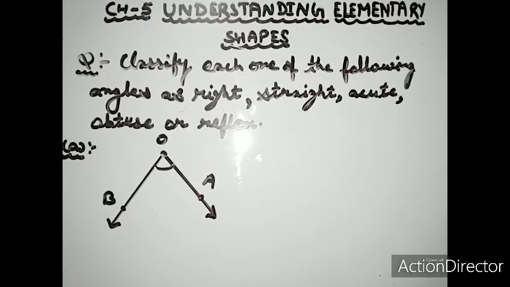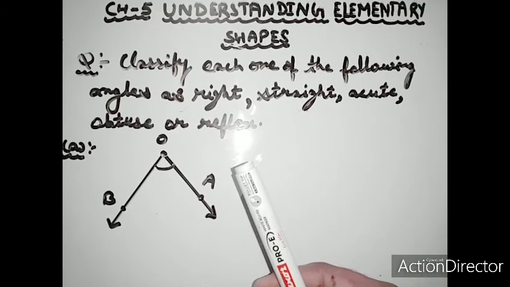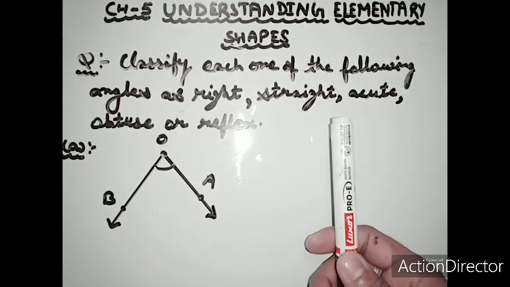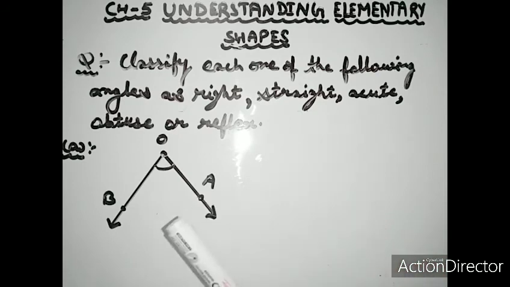And the question is, classify each one of the following angles as right, straight, acute, obtuse, or reflex. So first we measure this angle, and if it is formed between 0 and 90, we say that this angle is an acute angle.